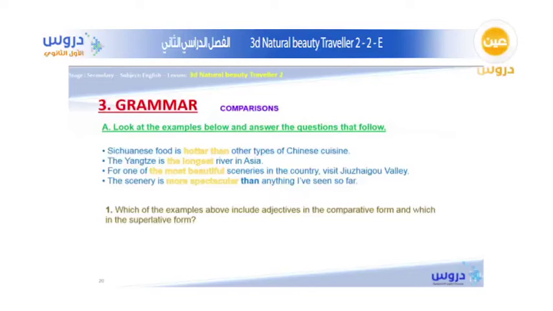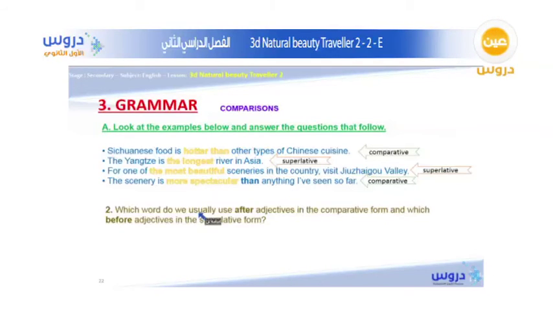Okay, yes, good, excellent. The first one is comparative because it's between two things. The second one is superlative, one thing and others. Yeah, that's right. The third is superlative, also one thing and others. And the last one is comparative, between two things.